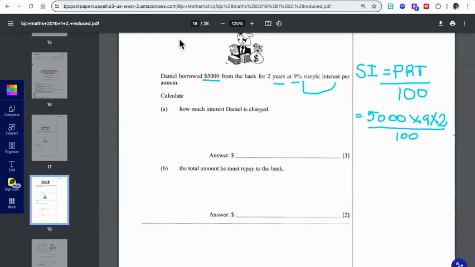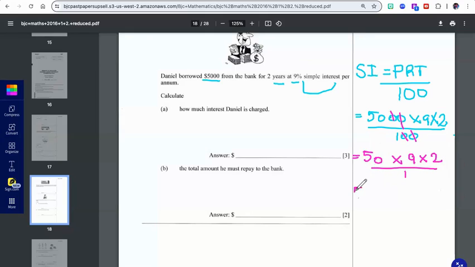So what am I going to do with these zeros? I am going to cancel them out. 1 0 at the top, 1 at the bottom. 1 0 at the top, 1 at the bottom. You've just divided by 100, leaving me with my remaining factors. 50 times 9 times 2 over 1.